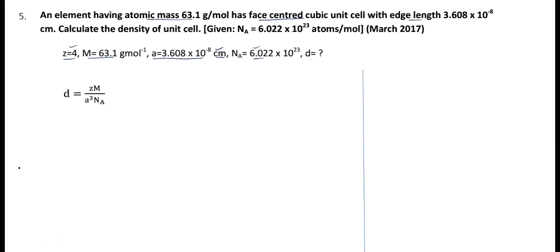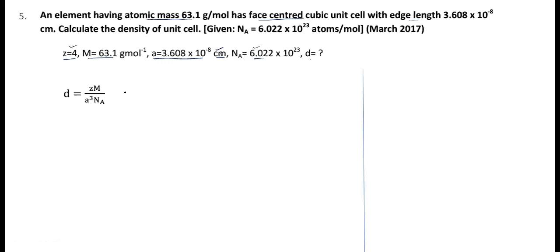Here, for the edge length, centimeter conversion is not required because the unit itself is given in centimeter and the mass in gram. So gram per centimeter cube is the unit of density, and directly we can go for substitution. Now the formula for density, d is equal to Z into M divided by N A into a cube.